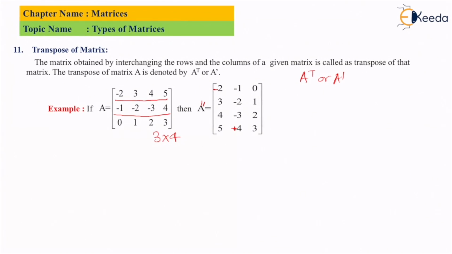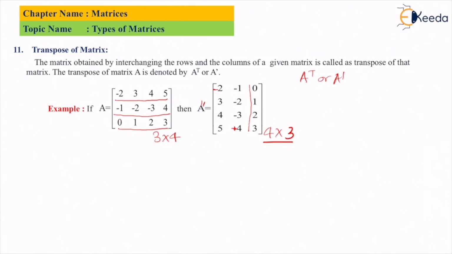Now in the third row we have 0, 1, 2, 3 and those got shifted to third column. So we have interchanged the 3 rows to 3 columns and we got the transpose. Now if you see the order of a transpose matrix, then it is exactly reverse of the order of a normal matrix. So it is 4 by 3. So our matrix had the order 3 by 4 and now here we got 4 by 3.